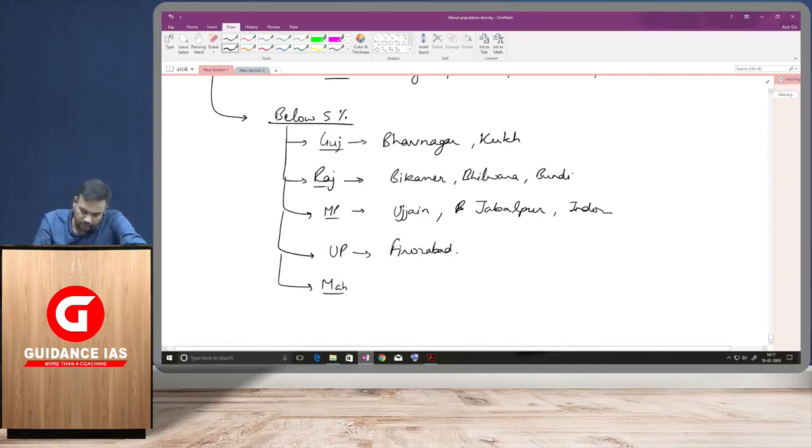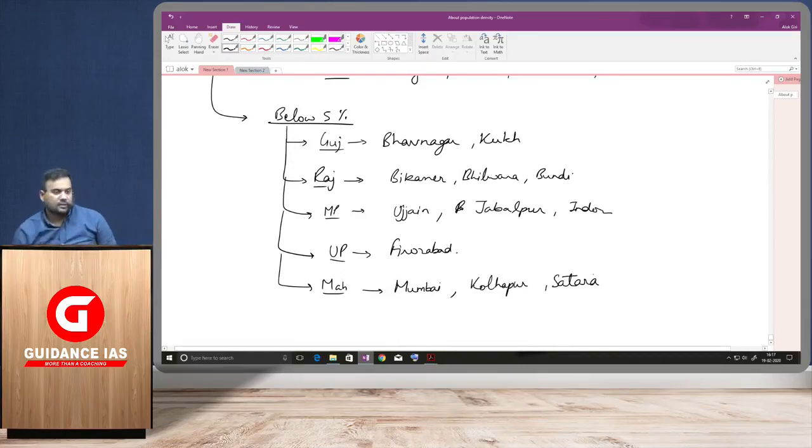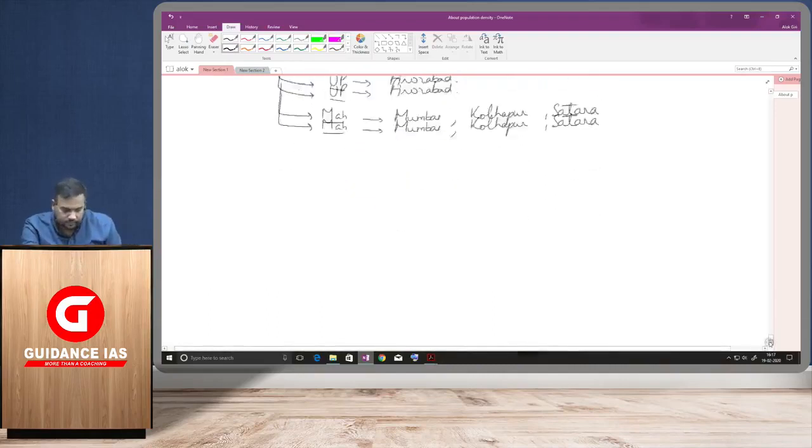Maharashtra, Mumbai, Kolhapur and Satara. So these are the areas where you will again find that they are concentrated. Again you can see there are many border areas like Rajasthan, which were the trading spots from which trading was done with the other regions.